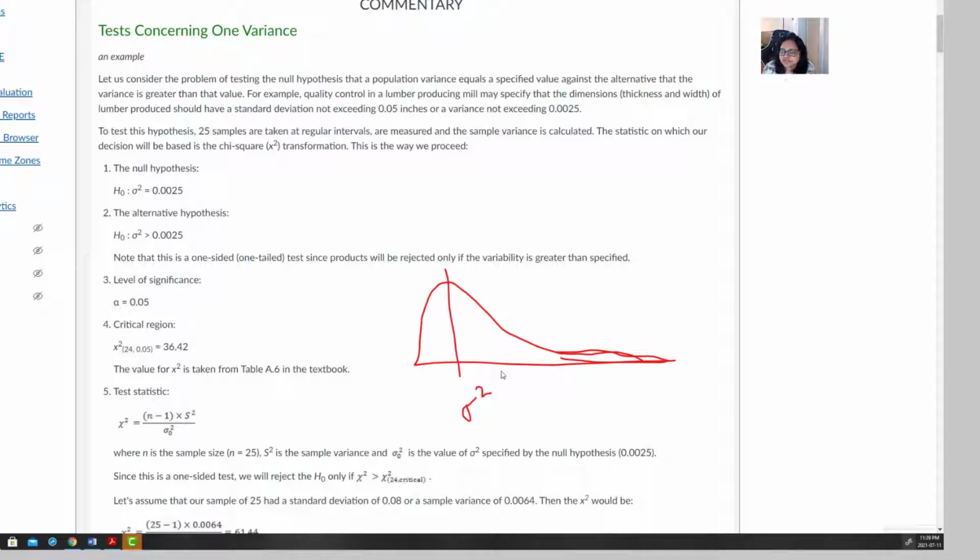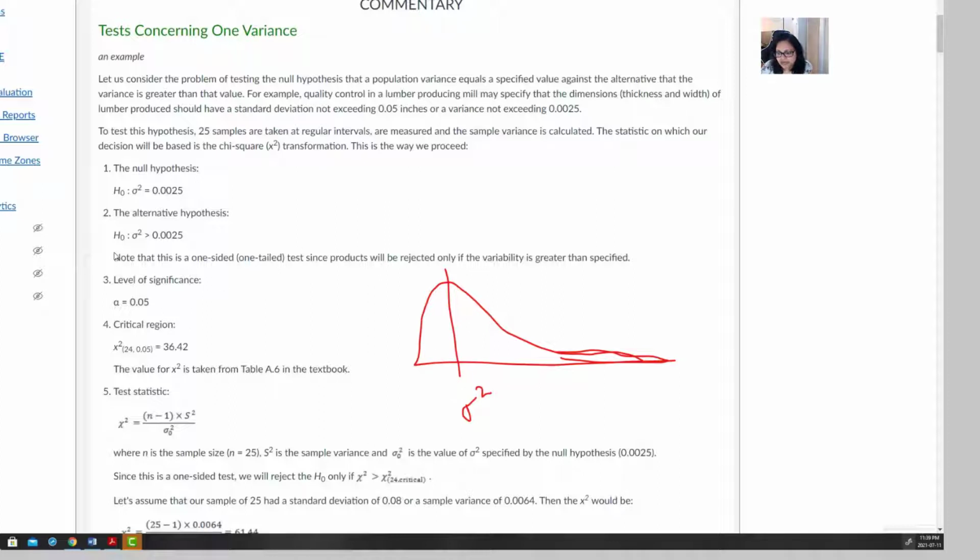It's narrowed down, and in the textbook it's drawn perfectly, but over here I didn't draw it perfectly. Anyway, you can see that it's not bell-shaped, so it's skewed to one side. So we have to be careful when picking the critical region.